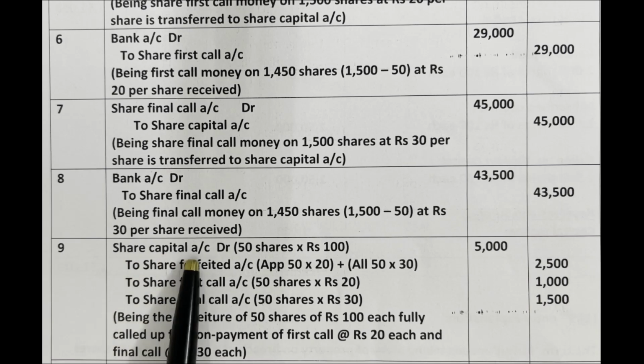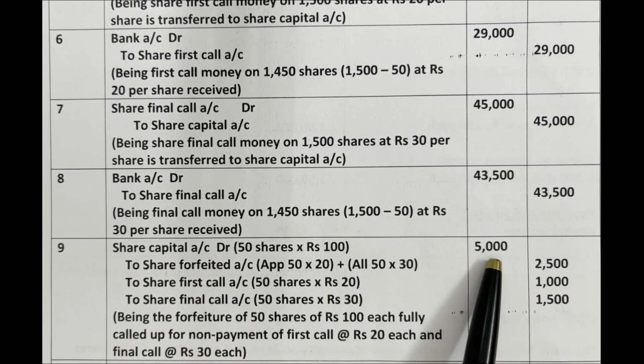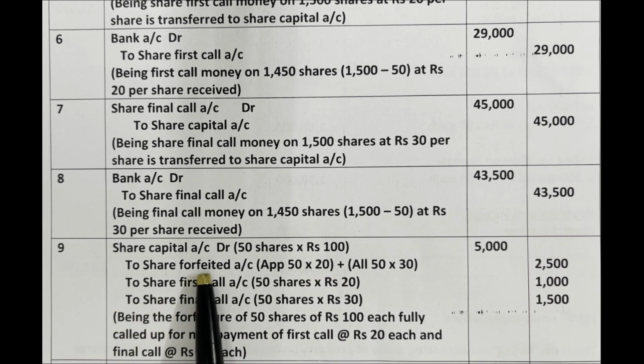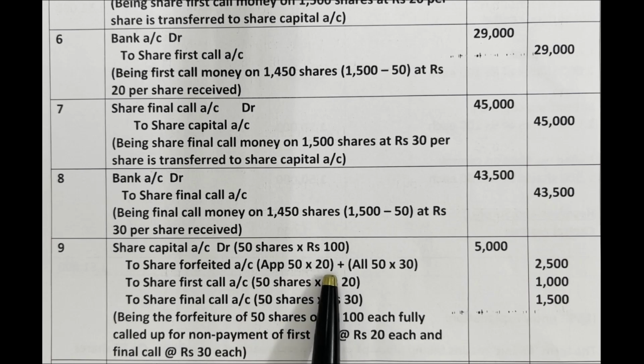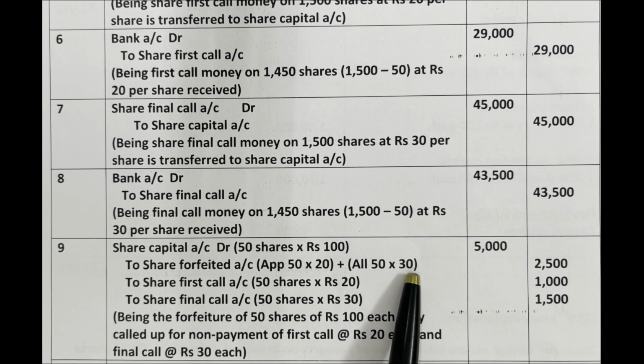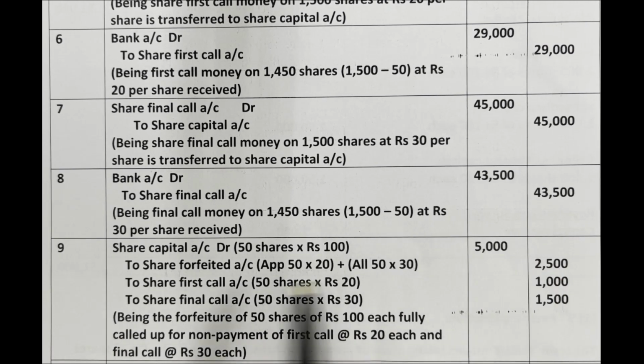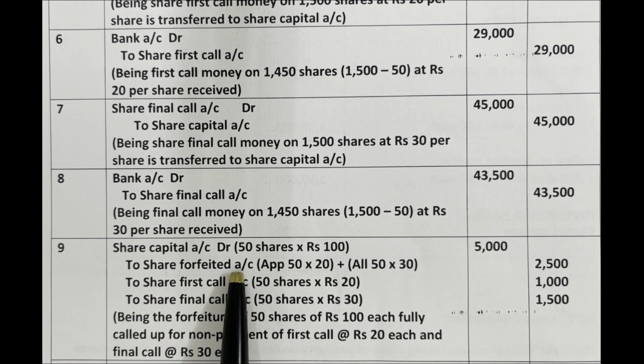Ninth entry, share capital account debtor, 50 shares at the rate of 100 rupees each, 5,000. To share forfeited account, received amount. On application, at the rate of 20 rupees on 50 shares, we received amount. Allotment at the rate of 30 rupees on 50 shares we received amount. Totally we received 2,500 rupees. That amount we are transferring to share forfeited account.